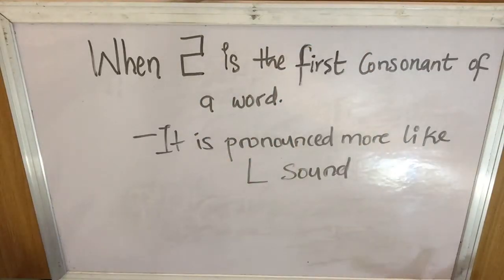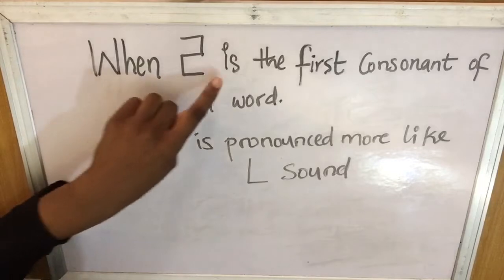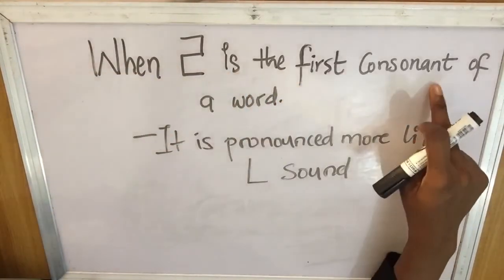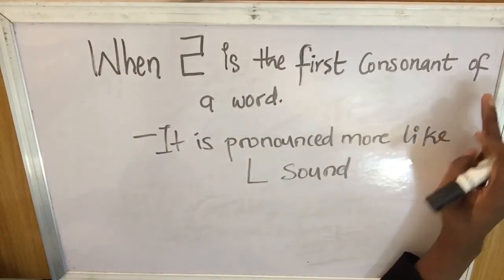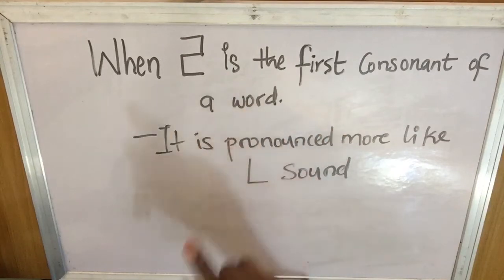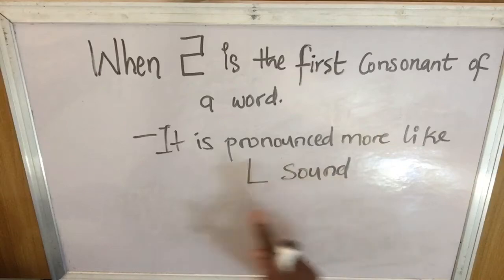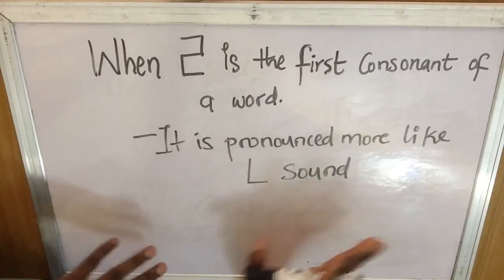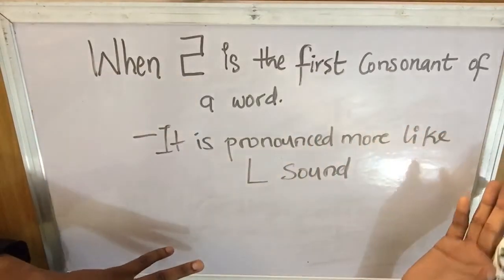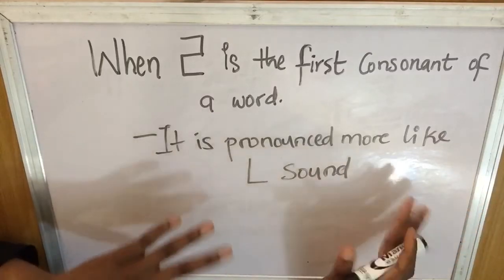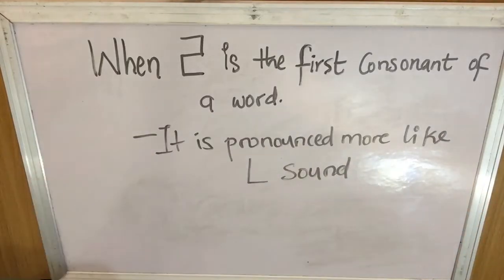So, number 2, when re is the first consonant of a word, it is pronounced more like an L sound. So, it's the same thing as when re is the last consonant of a word, it's still pronounced more like an L sound.